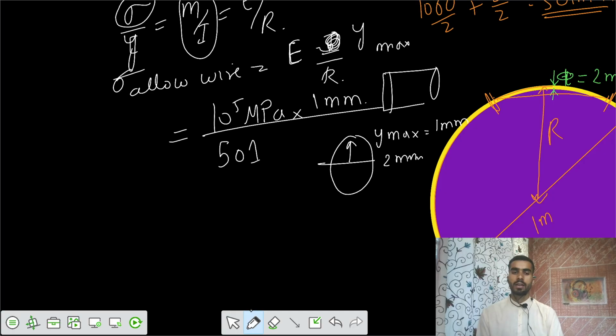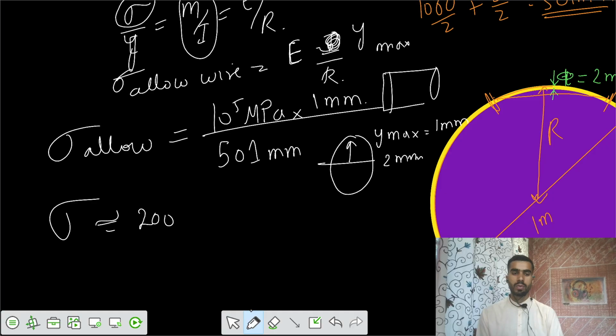That's 501 millimeter. So the sigma allowable in the wire is almost 200 megapascal, or exactly, 199.6 megapascal. Let's approximate it to 200 megapascal.